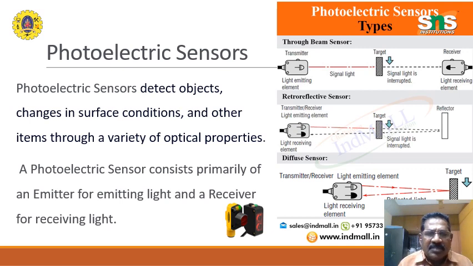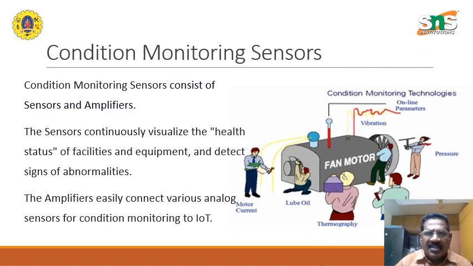It consists primarily of an emitter for emitting light and a receiver for receiving light. You would have seen such things operating in a mall, where you go near a faucet and the water comes, and once you go away the water stops. Such things are operated through photoelectric sensors.